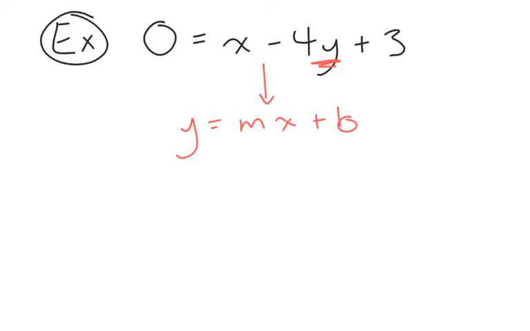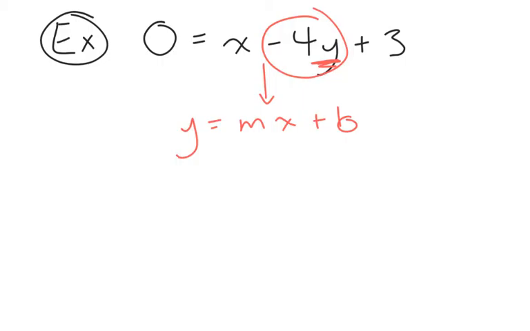The first thing you'll notice is that this y is actually stuck with this term and another term. We actually want to move this negative 4y to the other side of the equation. So we're going to use the same technique as we've been using all year. So let's take a look at this. Negative 4y.